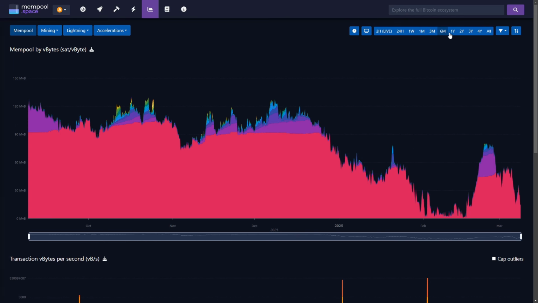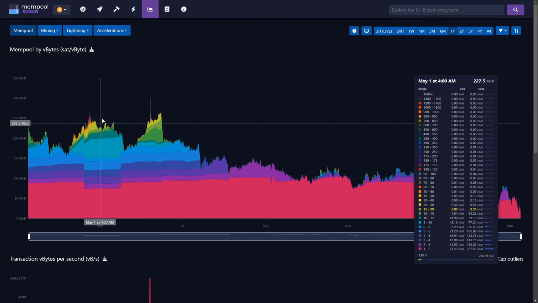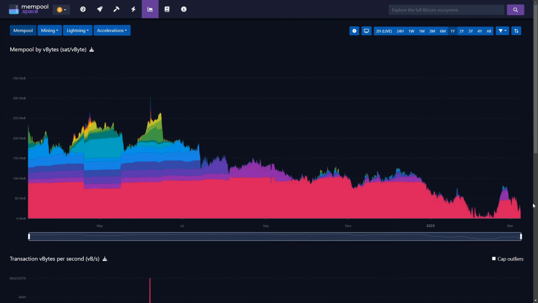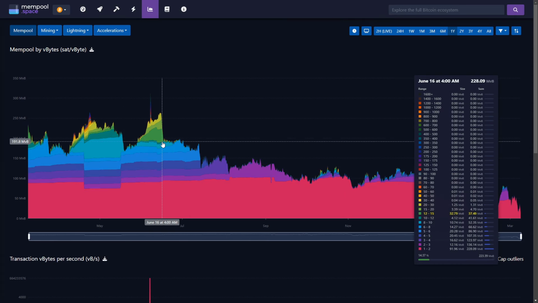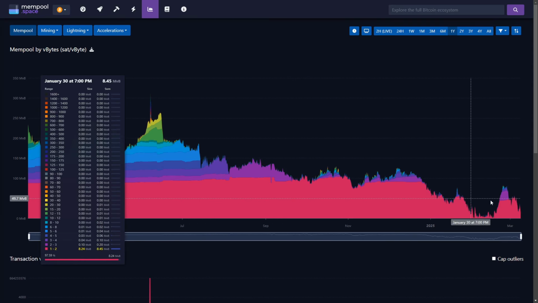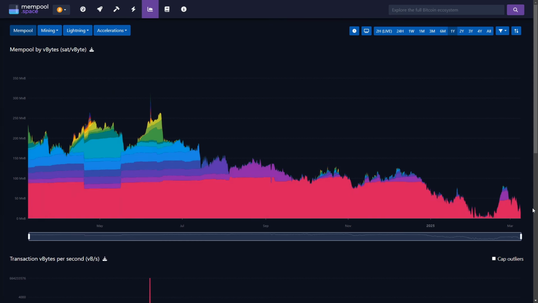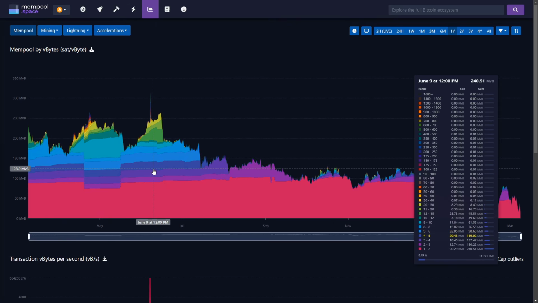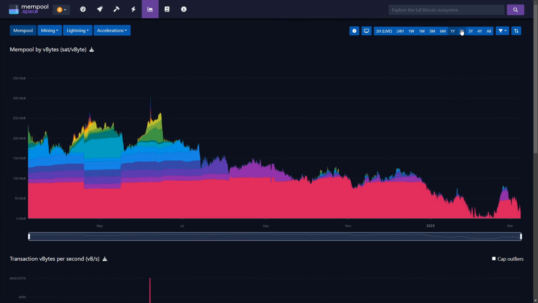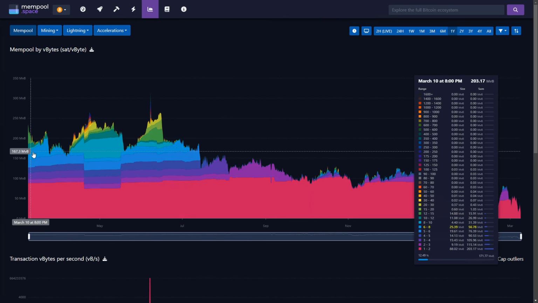And as you can see right here, over the last year, it has actually been trending down for almost the last year now. So it's been getting cheaper and cheaper to process transactions. There's a lot of theories for why this is happening, but I think the most reasonable theory is that this is when the ETFs were launched, roughly a year ago.